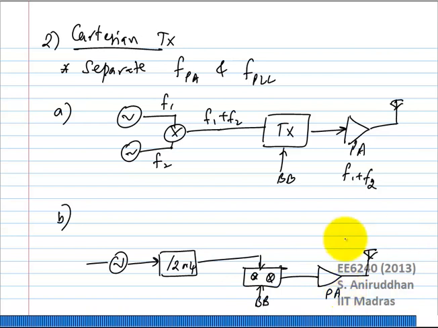So what this means is, in this case, FPA equals, let's say, FVCO by N. Obviously you don't want to keep making N very large, otherwise your PLL will become very difficult. But typically 2 or 4 times is very easy. It's also very easy to design a divide by 2 or a divide by 4 to operate at these frequencies.